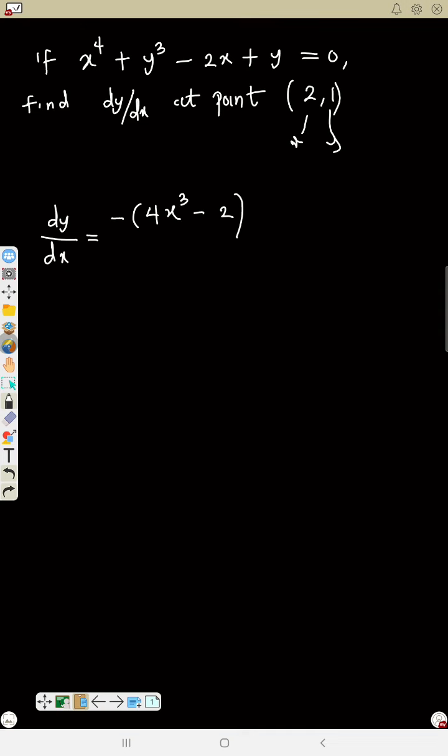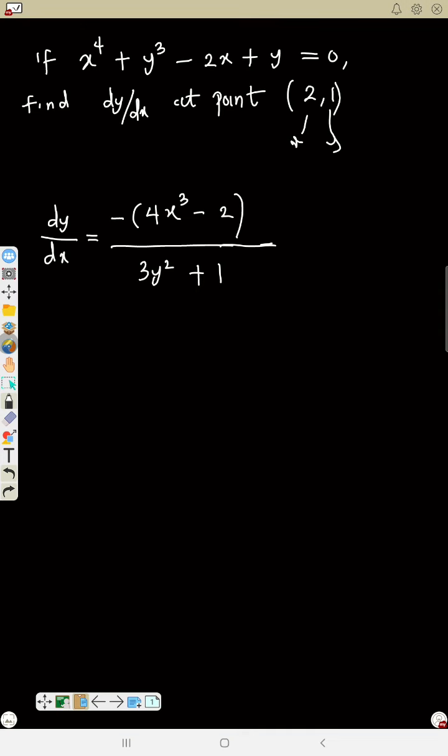Everything divided by, now differentiate only y, that will be 3y raised to power 2, then plus 1. Because this one will be 0, this one will be 0, since we are differentiating only y. We've done that before.